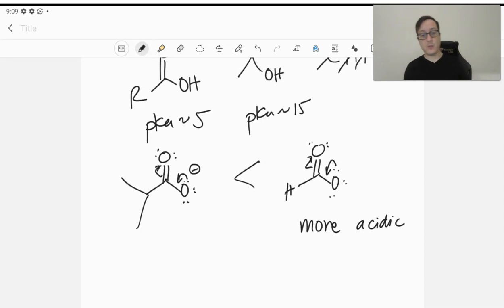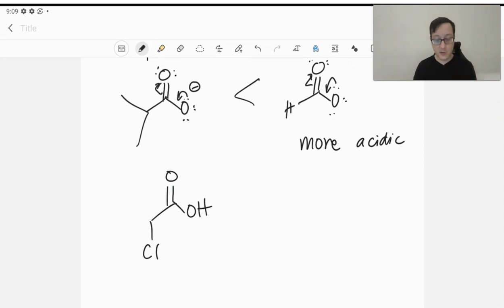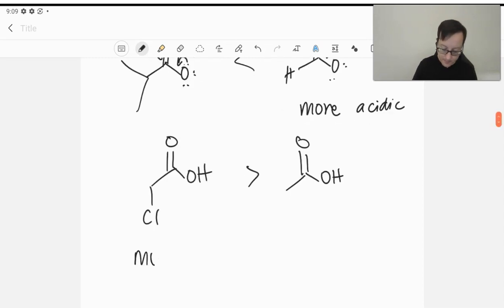So we're going to end up with more acidic things if we have fewer carbon-based units, because remember, carbons are electron donating. By contrast, if we put electron withdrawing substituents on, if we put a chlorine on there, chloroacetic acid, we'll see that that will be much stronger than regular acetic acid because of that inductive effect.